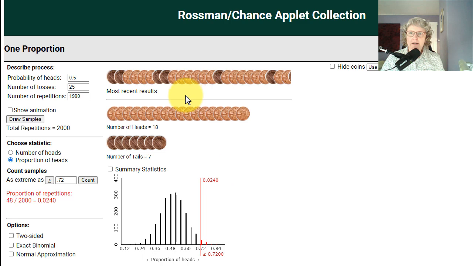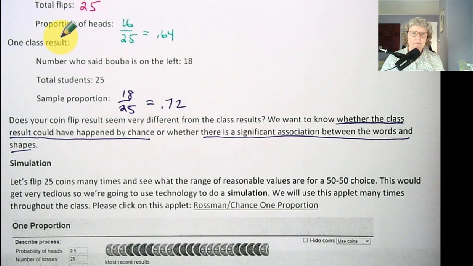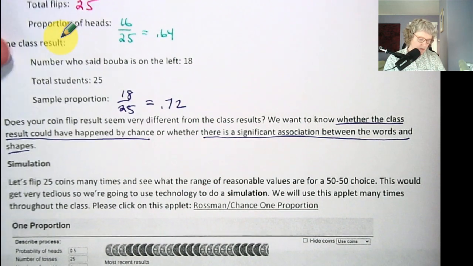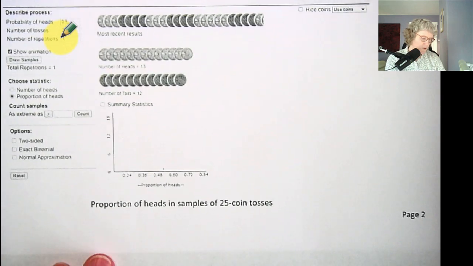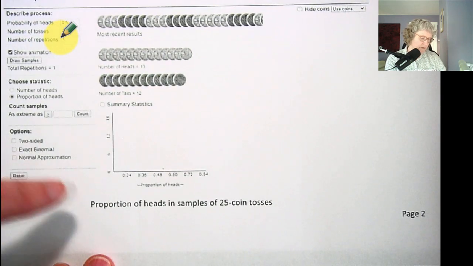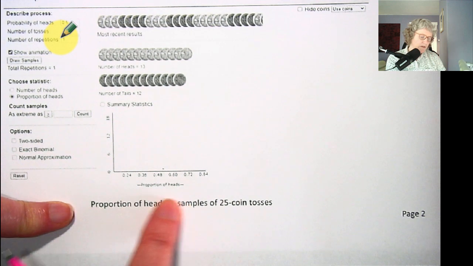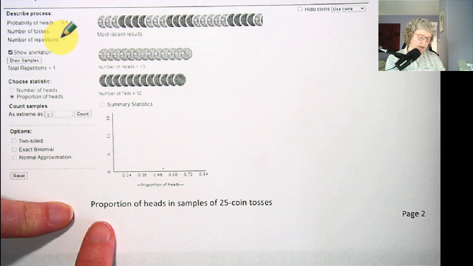So let me go back to the notes here. And you'll see I've got a couple screenshots on here, so you just have the reference. In the notes, here's one with just the first coin flip and what I typed in. And then I also, even though it labels proportion of heads, I like to make this more specific because it helps us remember what we're doing.